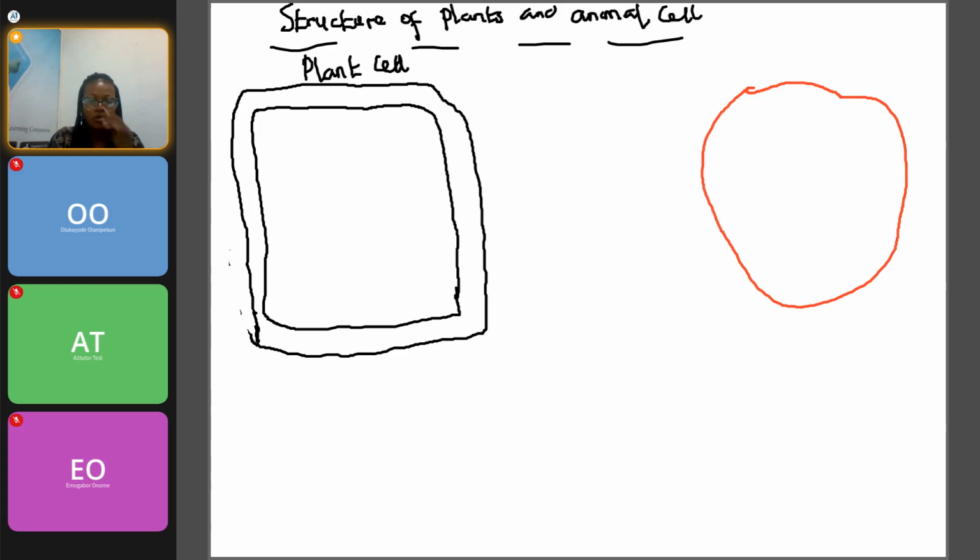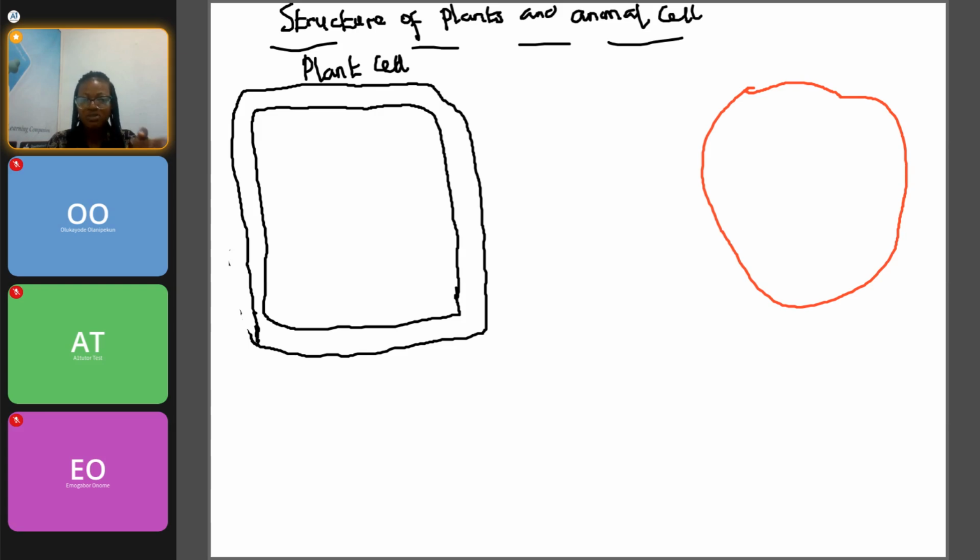Okay. So what we are going to do now, we are going to be labeling the plant cell and animal cell using one labeling. What do I mean by using one labeling? We want to manage our time. So we are going to be labeling the plant cell and animal cell together, right? This is because there are similarities between the plant and animal cells.